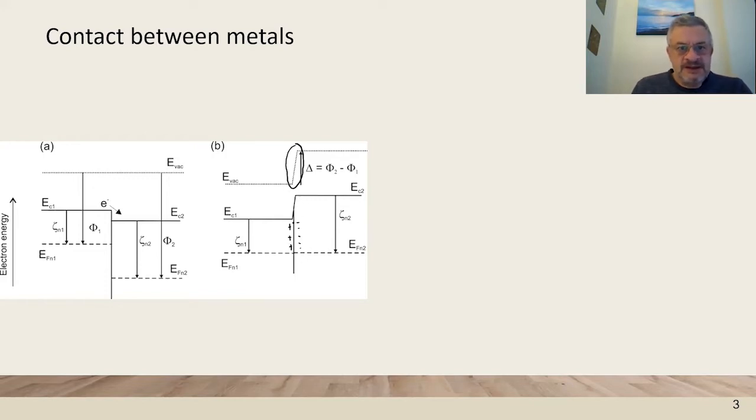So in the metal, this charge separation layer doesn't go deep, so it's located at the surface, and we call it the contact potential difference, and it has the value equal to the difference of the work functions. This will include also the built-in potential.